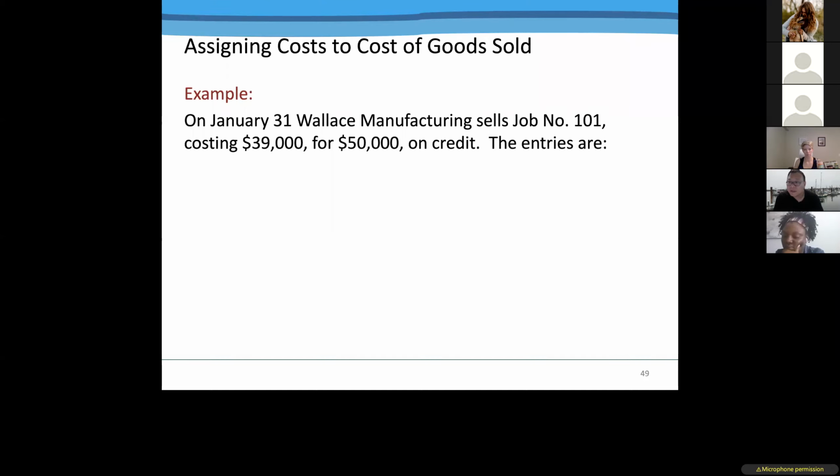Okay, and Erin. Yeah, thank you, James. I think accounts receivable is debited for 50,000, and then sales would be credited for 50,000, and then cost of goods sold is debit 39,000, and then finished goods inventory credit for 39,000.